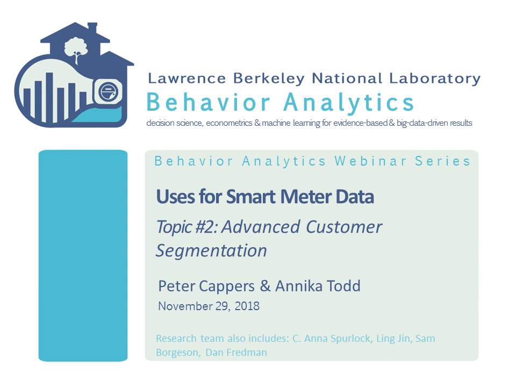So in our last webinar, what we did was basically show that utilities can apply some simple analytic techniques to their smart meter data so that they can learn more about their customers and how their customers would impact the grid.